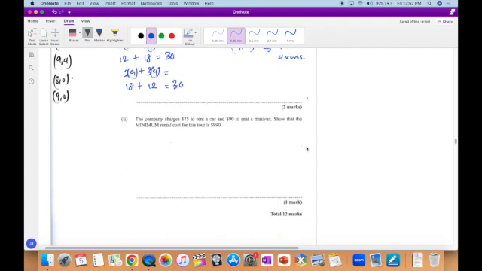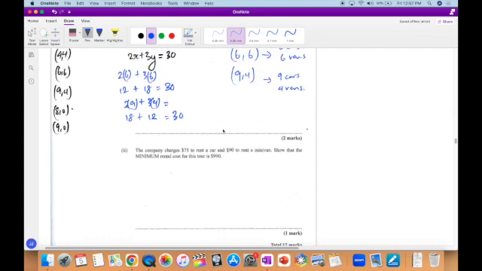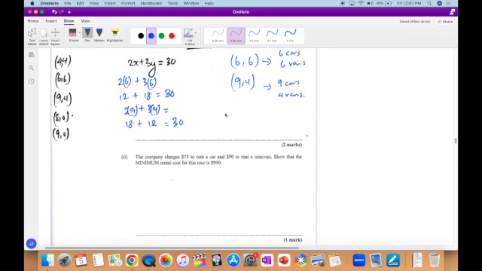The company charges $75 to rent a car and $90 to rent a minivan. Show that the minimum rental cost for the tour is $990. Well, we have $75 for a car, so x, and for the minivan, y, is $90.